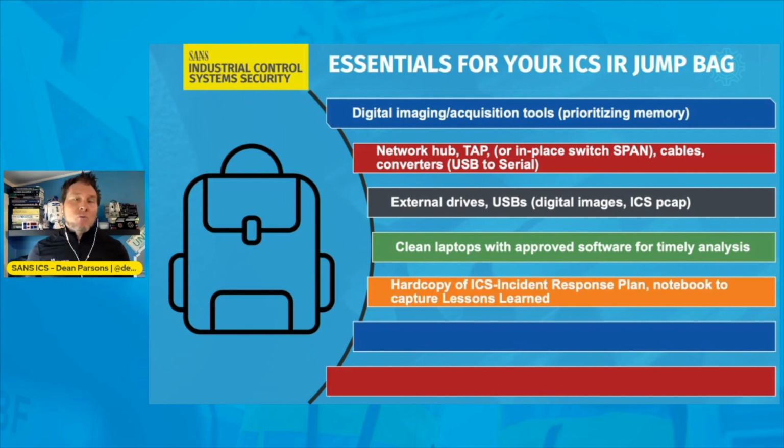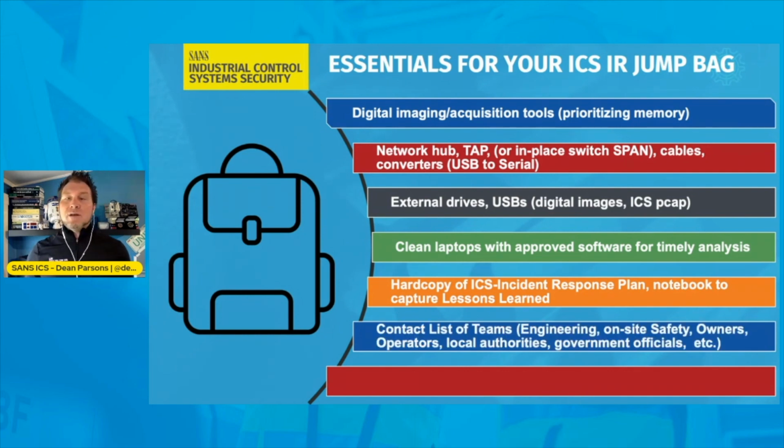Beyond that, since you are working in a digital environment where you could have an incident, you cannot always rely on some of the digital devices there for things like note-taking, but also where your digital version of your ICS incident response plan is stored. So we always suggest having a hard copy of your incident response plan ready to go in your jump bag. Beyond that, of course, is pen, paper, notepad to capture some of the lessons learned as you're progressing through the event.